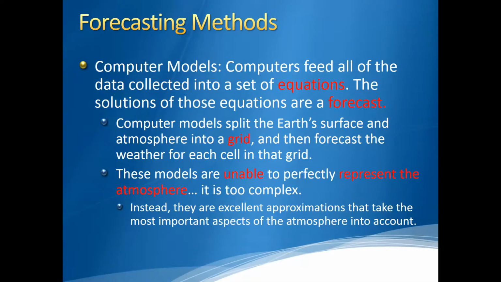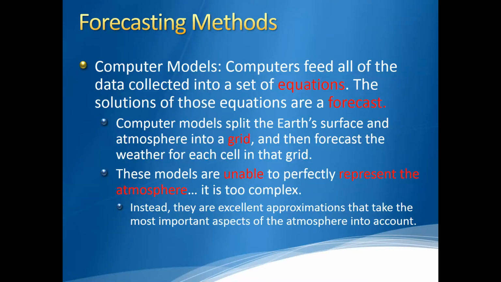Now the way that this works is the computer model isn't just using one equation. No, there are actually equations for different variables we're looking at. So there's a prognostic equation for temperature, there's one for humidity, there's one for cloud cover, there's one for wind speed.